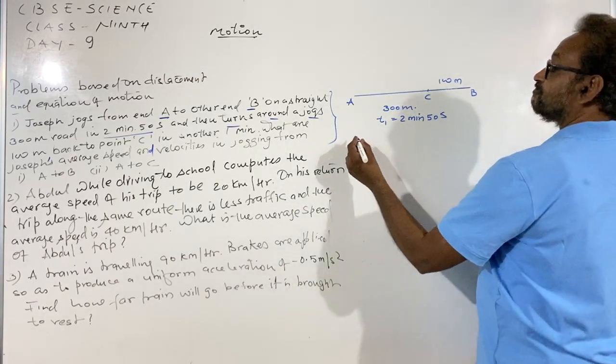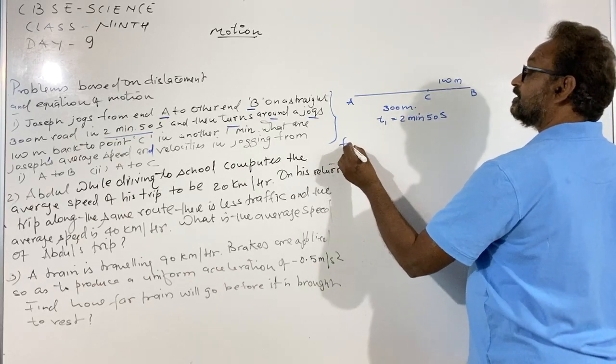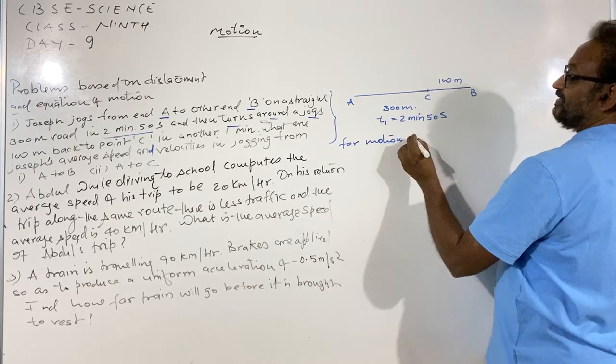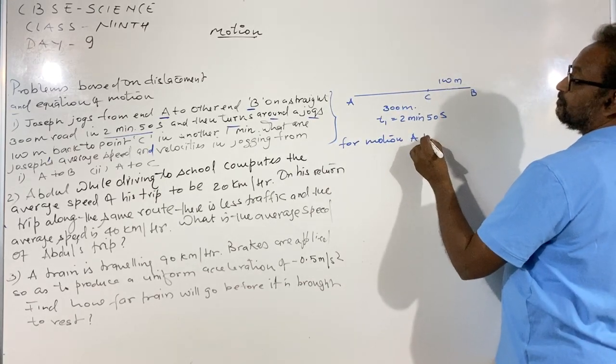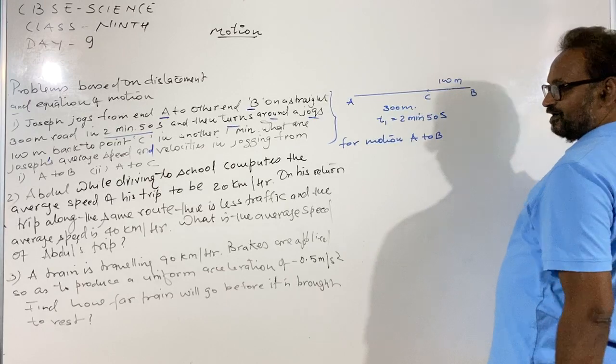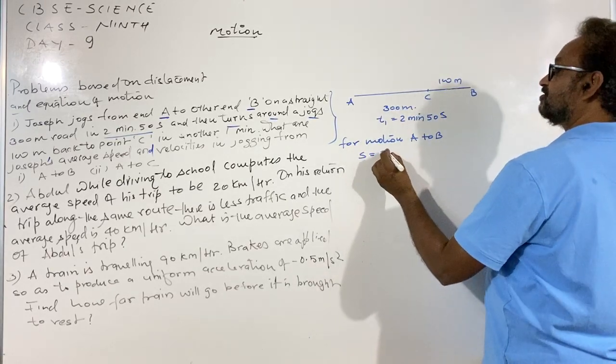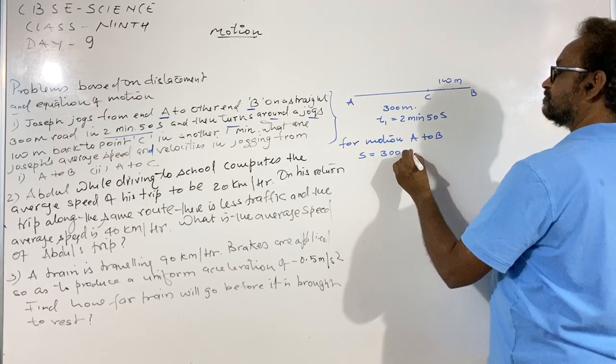So for motion A to B, total distance S is equal to 300 meters.